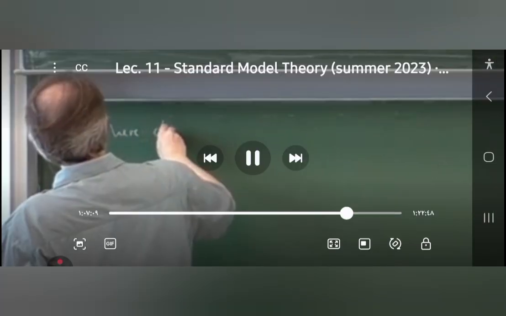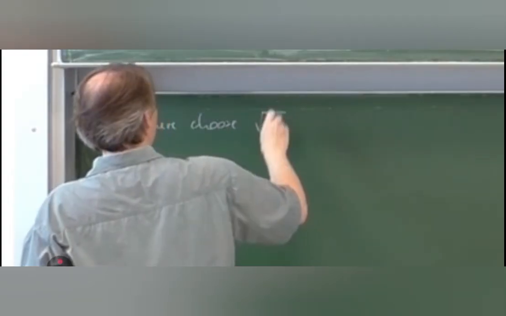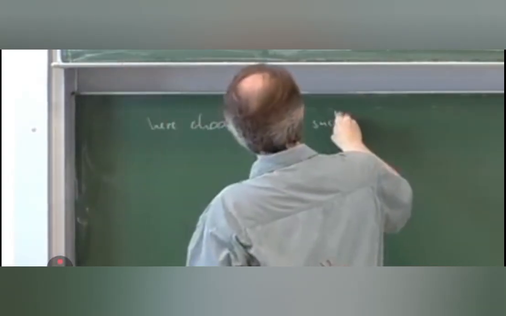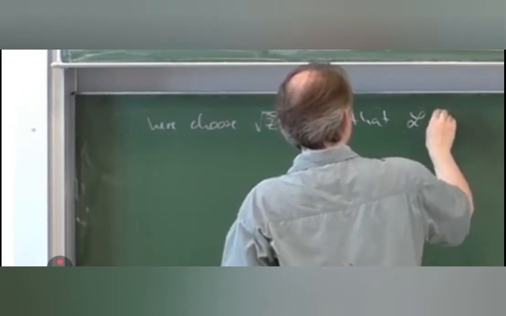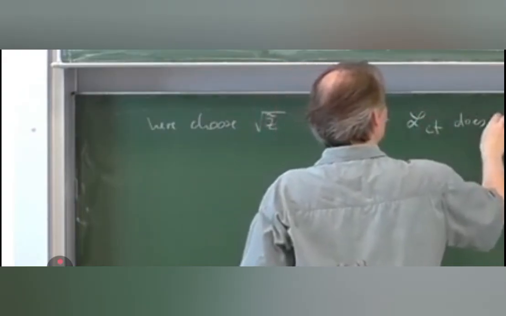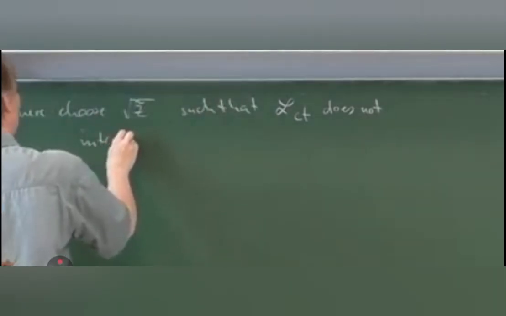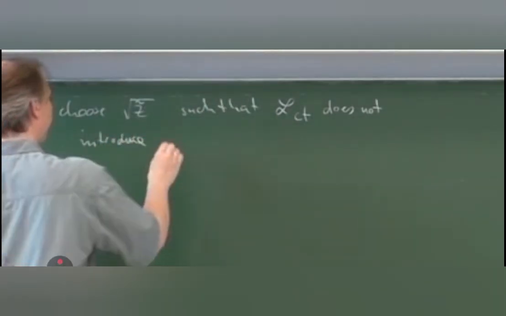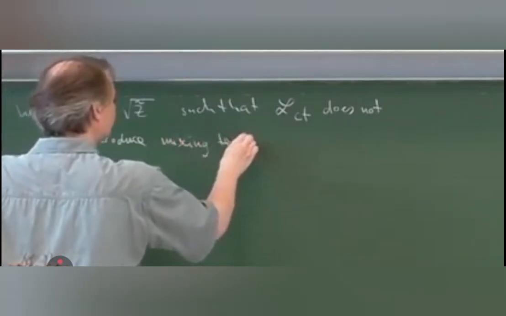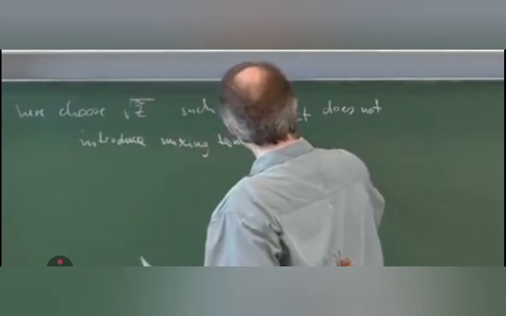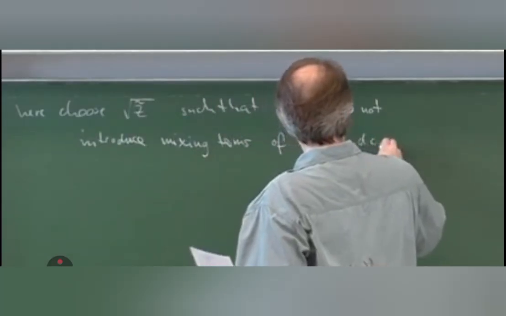Here, let us now choose this Z tilde such that the counterterm Lagrangian does not introduce mixing terms of CA and CZ.